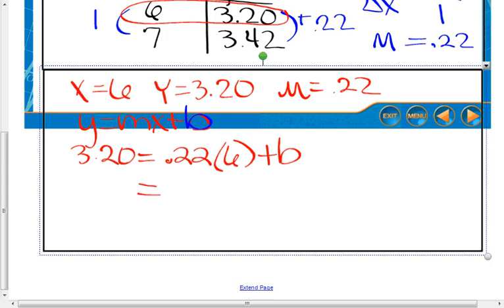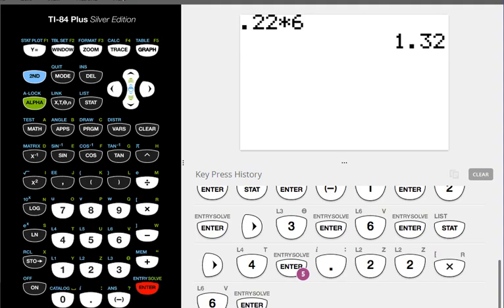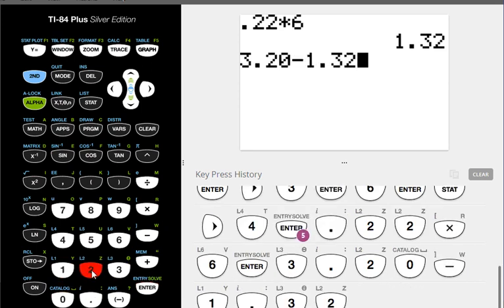That's $1.32 plus b. And I got $3.20 over here. So now to get b all by itself, we subtract $1.32 from both sides. And we end up with b equals, I'm going to put that in my calculator, 3.20 minus $1.32. And I get $1.88.